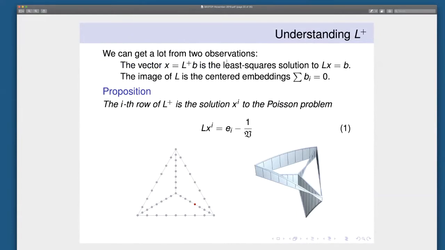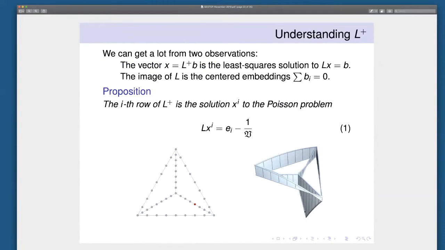And the same thing is true for the matrix A plus. So the ith row of L plus is the solution to a Poisson problem, Laplacian equals something, a discrete Poisson problem. But they share so many features with the standard Poisson problem with the standard Laplacian that the name makes sense. It's the solution to this problem.